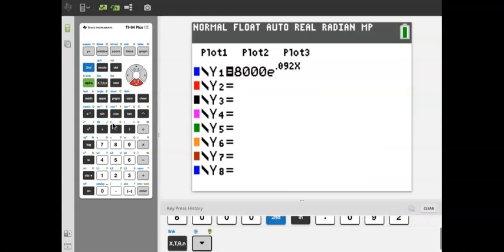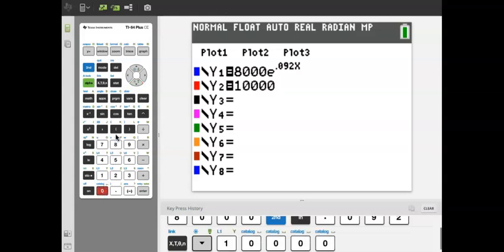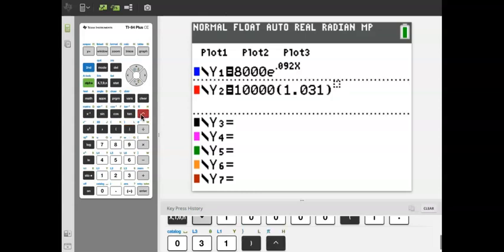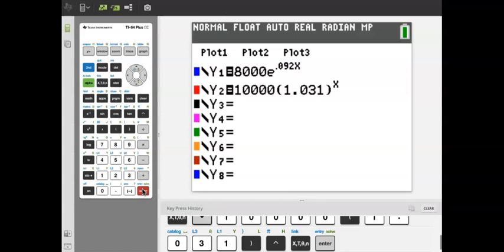Then on the right-hand side, I'm going to put my y2 as 10,000 times 1.031 to the power of, I'm going to use x here as well. So we've got the left-hand side of our equation as our y1, right-hand side as our y2.